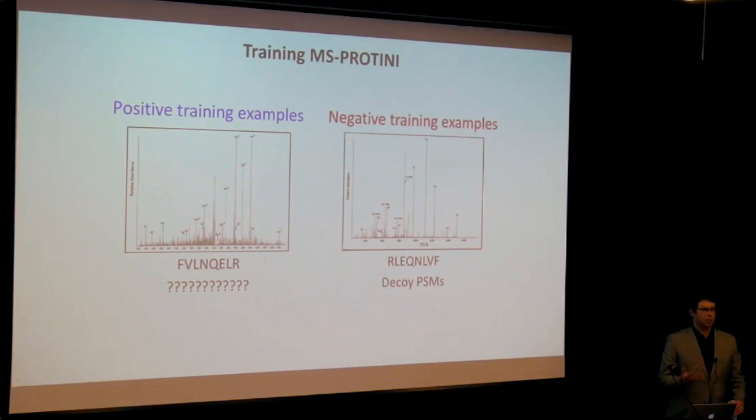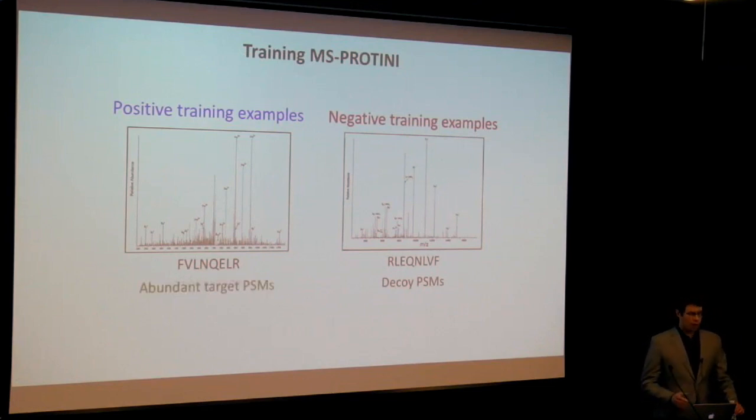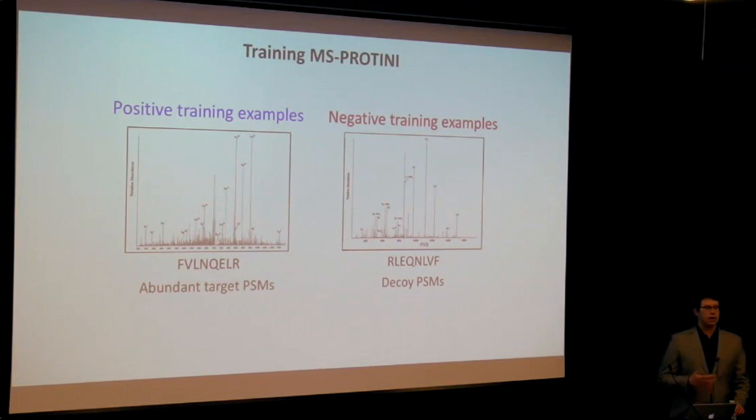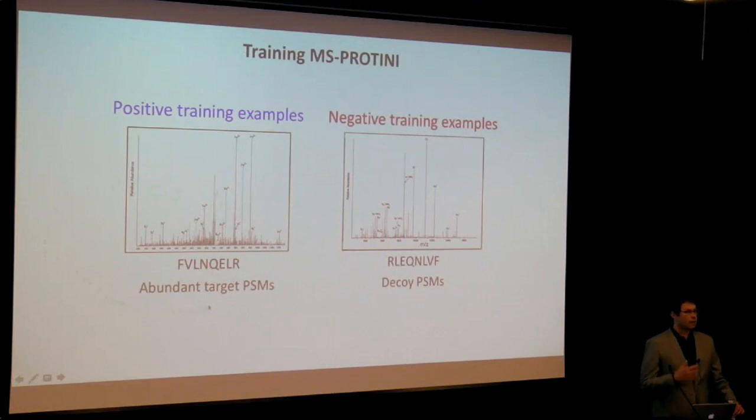And so we kind of have to build a set from a proxy that would be enriched for positive identifications. And so what we did is we built a set based on peptides that were very abundant. If you look at peptides that are very abundant, those tend in general to yield more correct identifications from incorrect ones. And so the main idea behind that is that we would have here a positive training set that would be enriched for positive examples, but not necessarily pure of those.